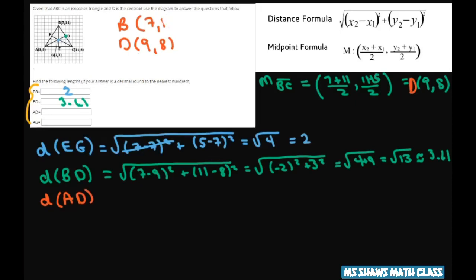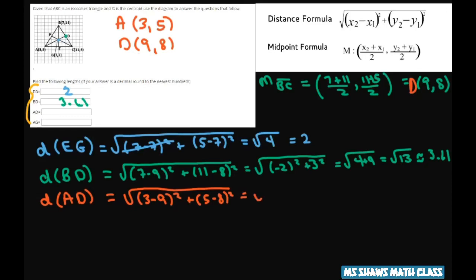Now let's do AD. So we change this to A, and A is going to be 3,5. So find your distance, and that's going to be 3 minus 9 squared plus 5 minus 8 squared, which equals negative 6 squared plus negative 3 squared.